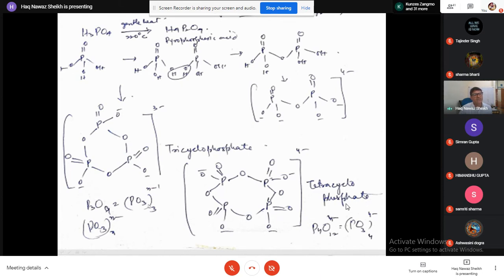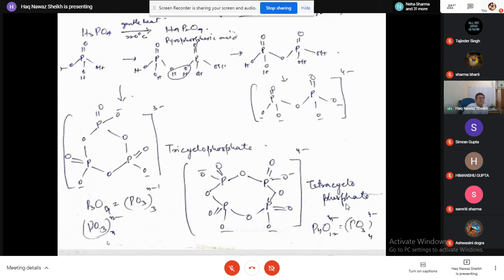So we can write it as (PO3)n n negative. The general formula for a cyclic compound becomes (PO3)n n negative. For the tricyclic, we write 3 here, 3 negative. If it is tetra, we write (PO3)4 4 negative. Here 4 phosphorus, 12 oxygen atoms, so it is 4 negative.